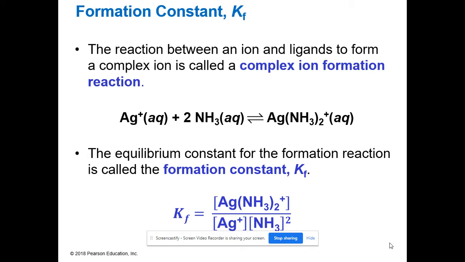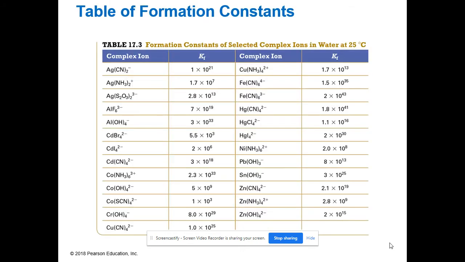So how much do we need? What will our K value be in order to form this new complex? So once again, it is our products over reactants. That's a great thing about K. It's always going to be products over reactants. Since these are all aqueous, they're all going to be in our expression. So we're going to have our complex ion divided by our ion times our ligand to give our Kf.